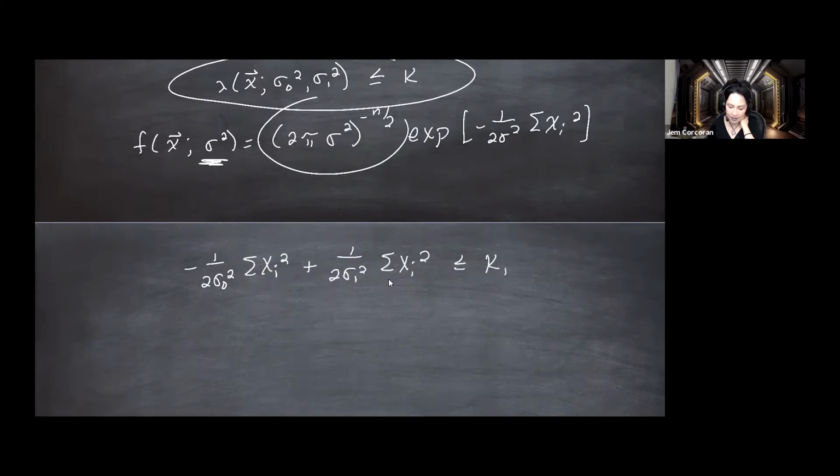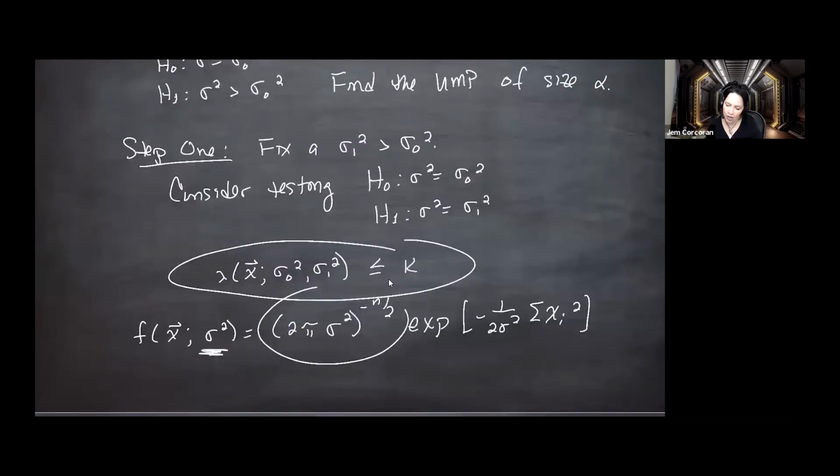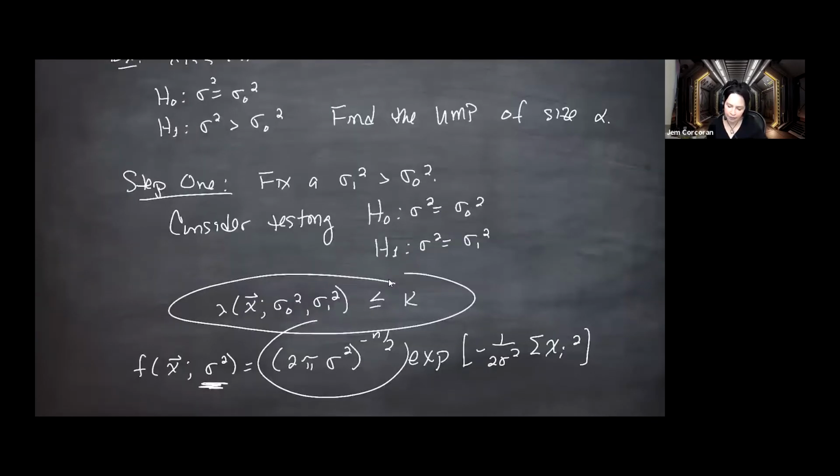And yeah, so this is not equal. This is minus 1/2 times 1/sigma naught squared minus 1/sigma 1 squared, sum of the x's less than or equal to k1. And now it becomes important that we said that sigma 1 squared is larger.